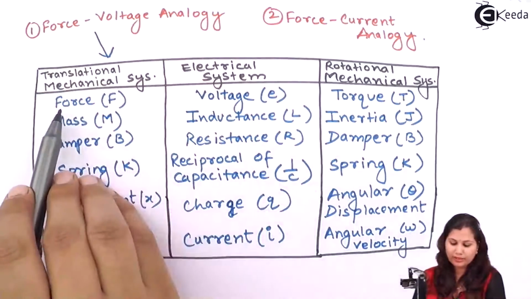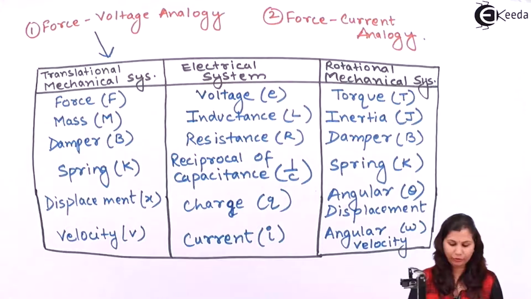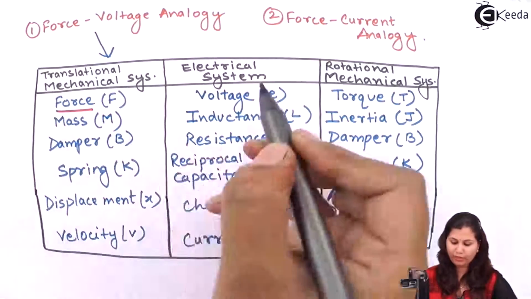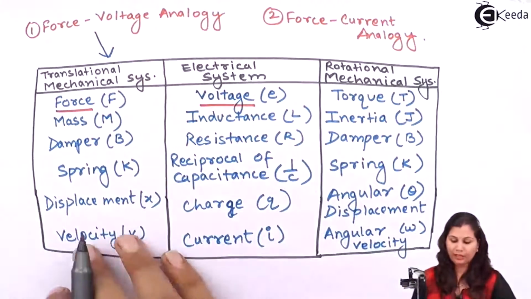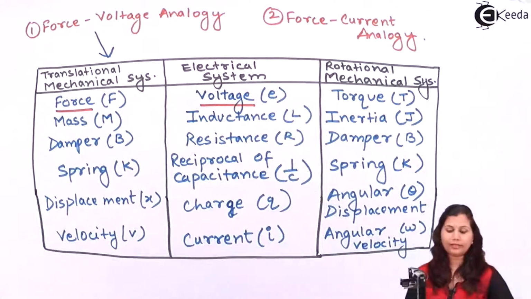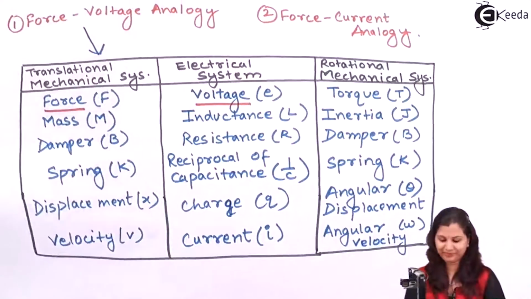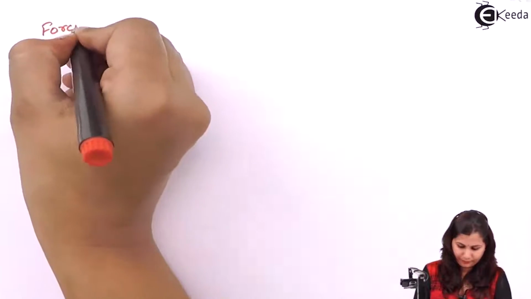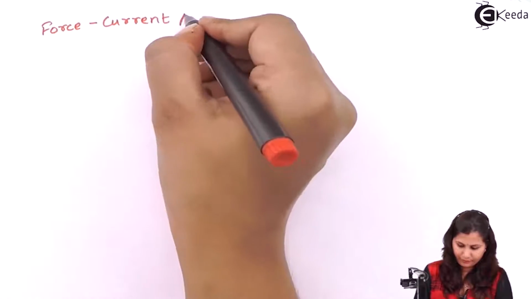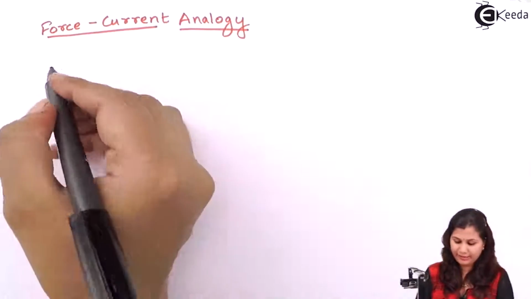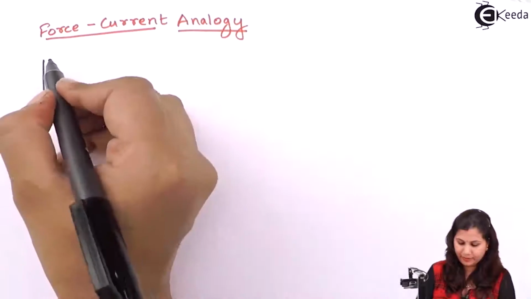It is called force voltage because here we take force and voltage as equivalent of each other. Now let us study the second analogy to find out the analogous system, the force current analogy. Again, we will have the electrical system and translational and rotational mechanical systems.